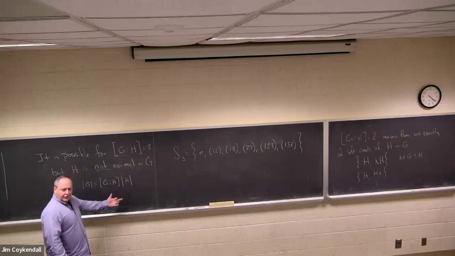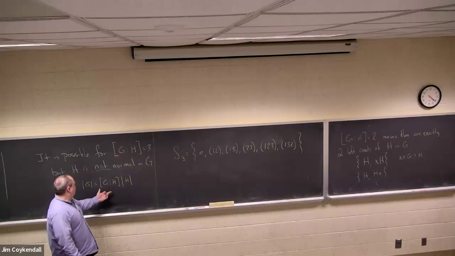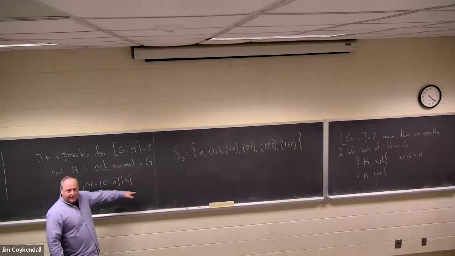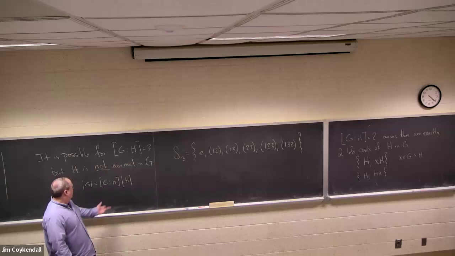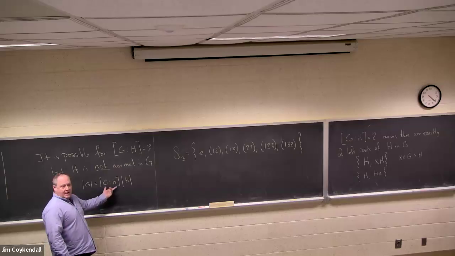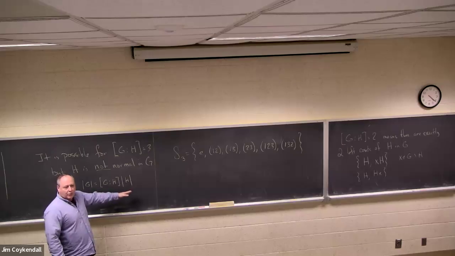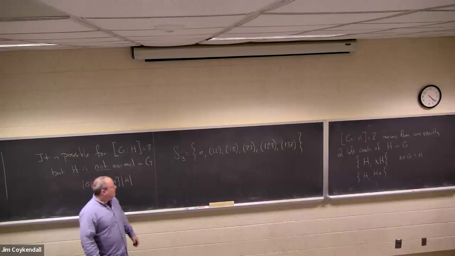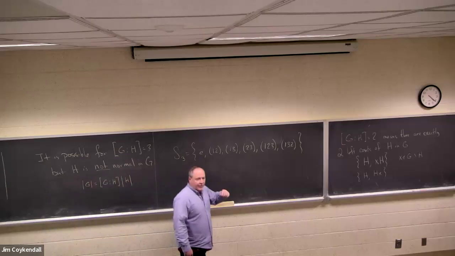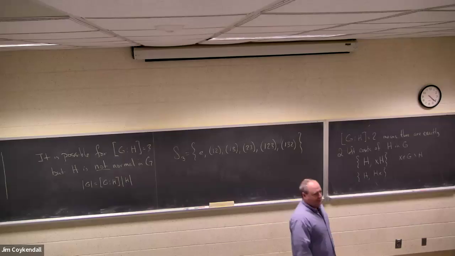This is essentially Lagrange's theorem. Remember, the index of a subgroup H in the group G is the order of G divided by the order of H, right? So if I want that to be 3, and this is 6, the subgroup would have to have order 2, right? Everybody agree with that? Can anybody find a subgroup in S3 of order 2? It's got exactly 2 elements in it.